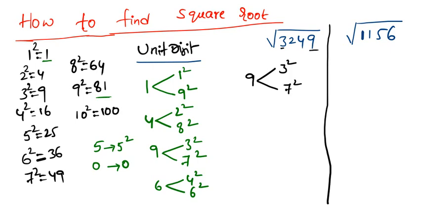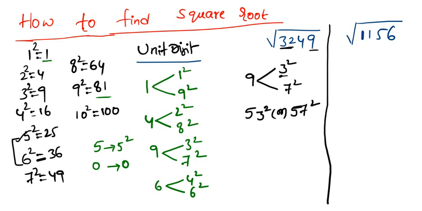Remaining 32: 5 square is 25, 6 square is 36, so we have to take the least number. The tens place is 5, the units place is 3 or 7, so it is either 53 or 57.